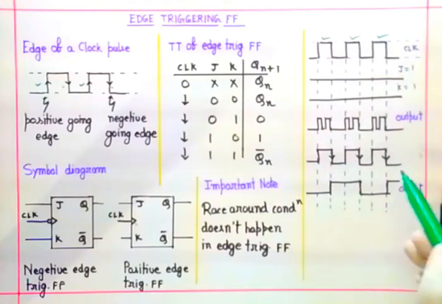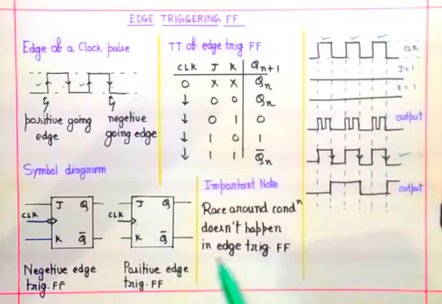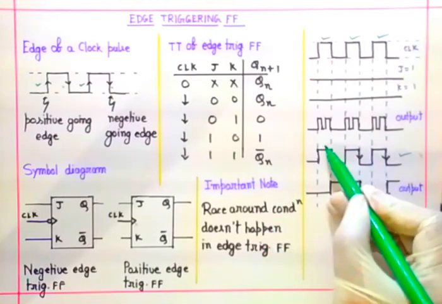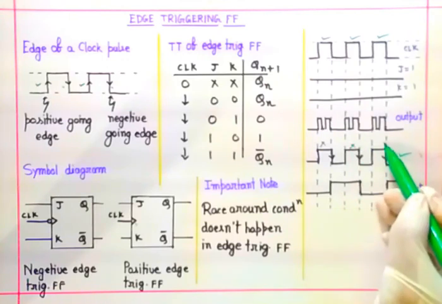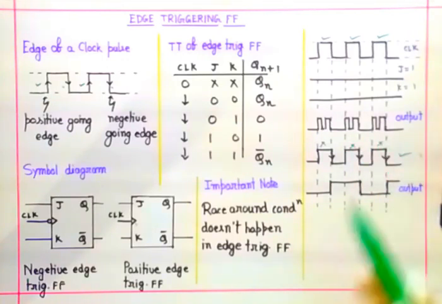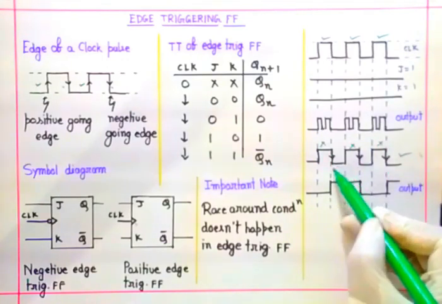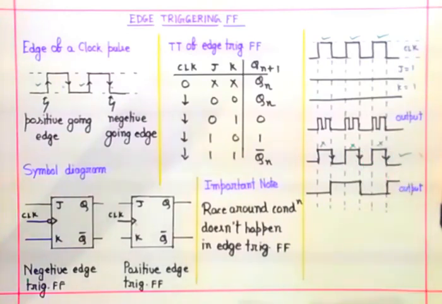But now we are using this type of clock. Now the flip-flop is not triggered or not operational during this one. Now the flip-flop is operational only during this negative going edge.